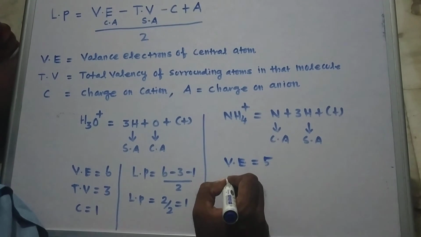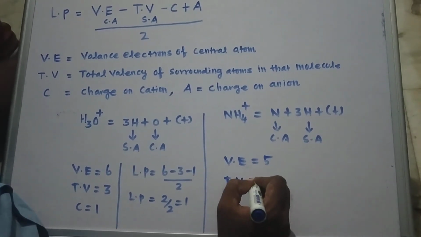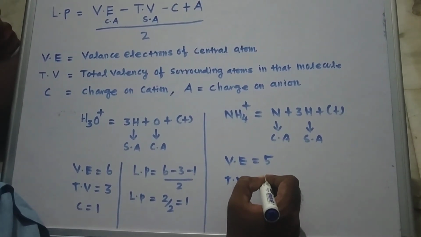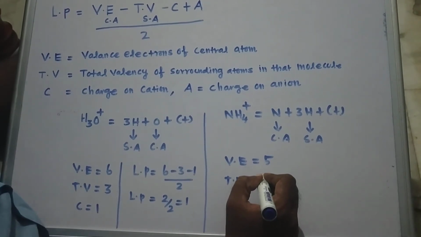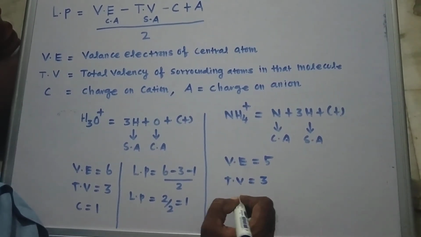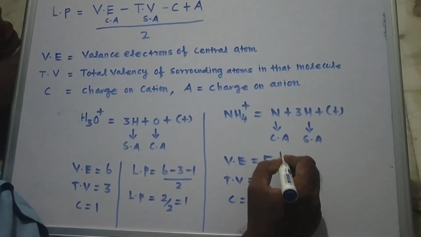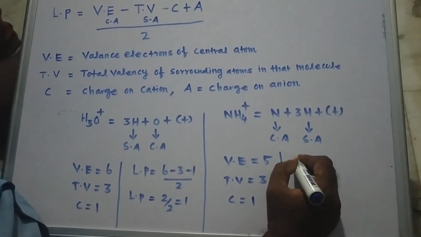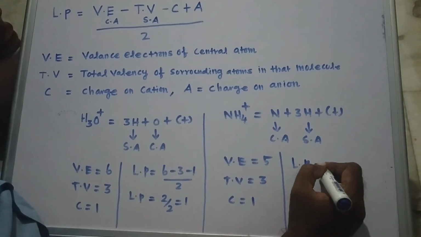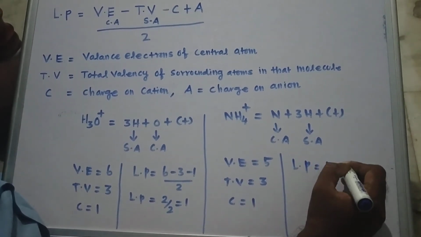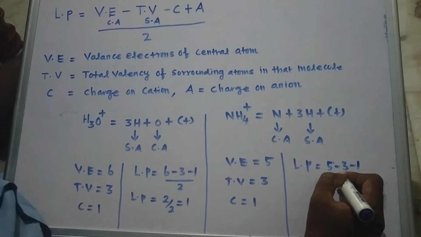Then total valency of the surrounding atom, for hydrogen each is equal to 1. Then for cation contains one positive charge is equal to 1. So substitute this value in the LP formula, lone pair formula. It's equal to 5 minus 3 minus 1.